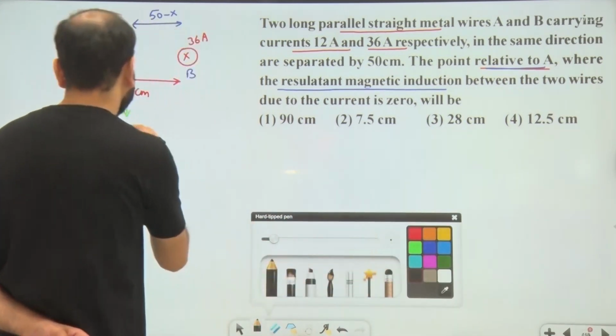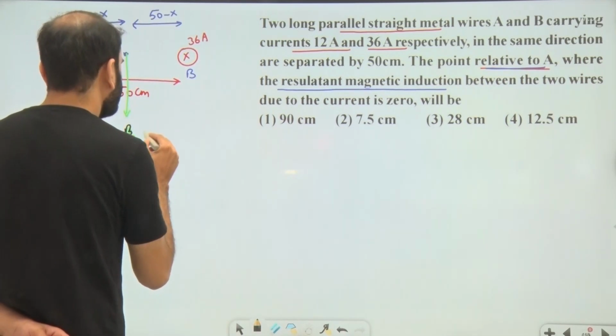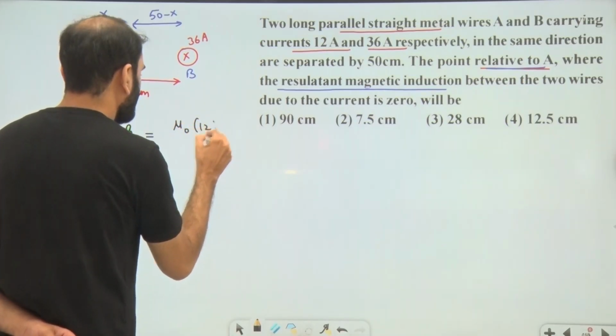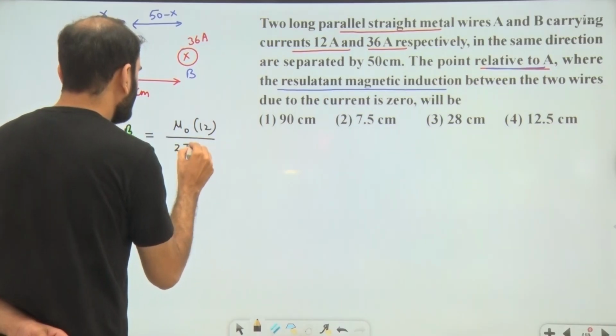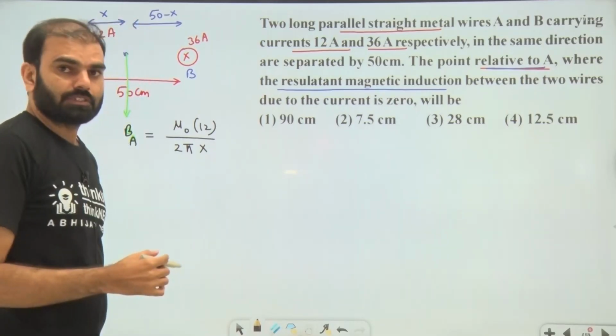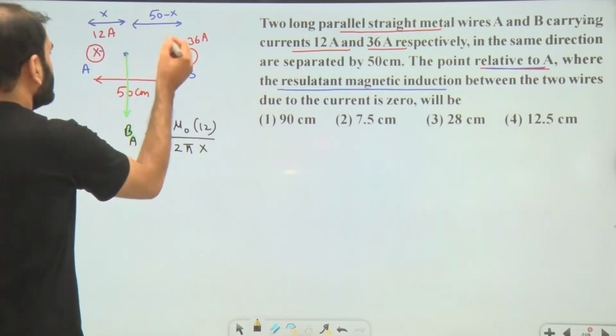BA will be equal to mu naught into I upon 2 pi x, that is mu naught into 12 upon 2 pi x, where x is the distance you have taken. Now here is the second wire.